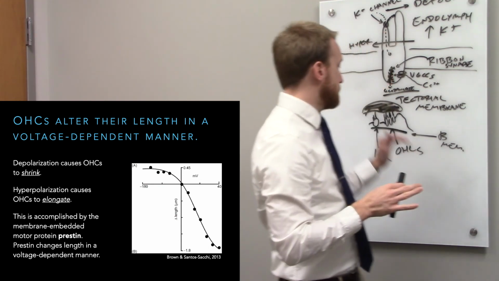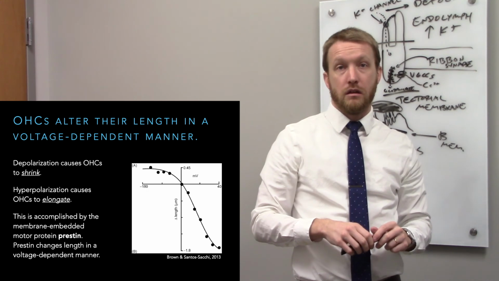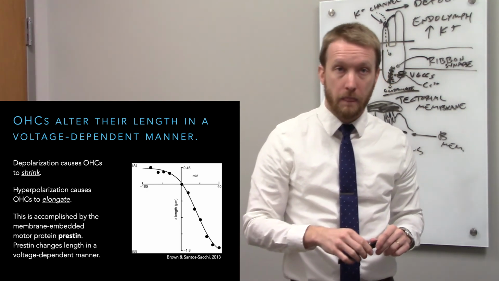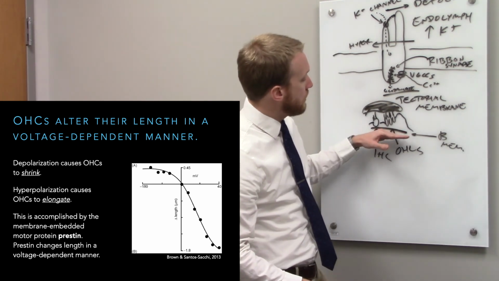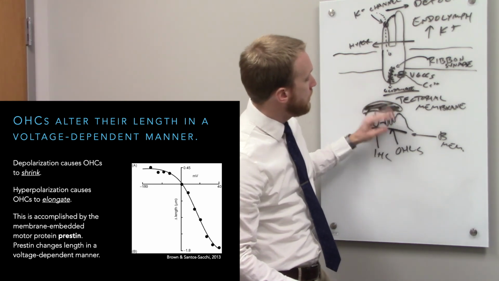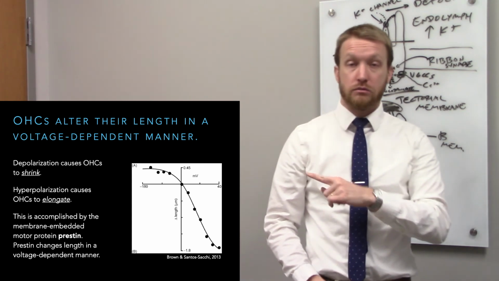Those outer hair cells have an additional function, and that is to change their length depending on their membrane potential. When they depolarize, they shorten. And what that does is amplify vibrations of the basilar membrane. So when we push the basilar membrane upward, hair cells shorten, further pulling up the basilar membrane. Notice this relationship here.